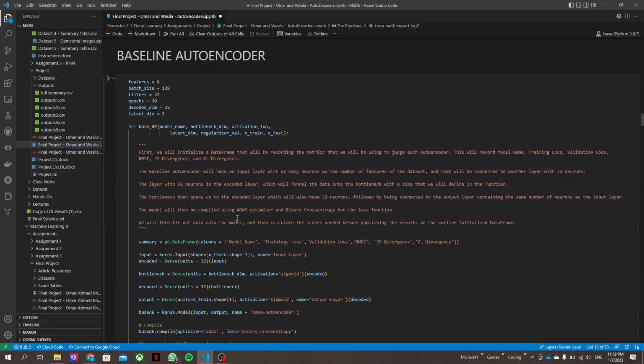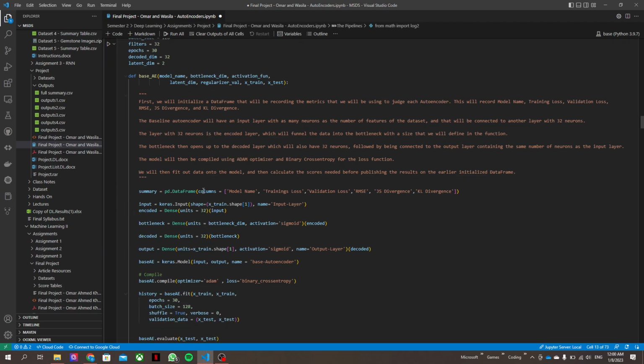Now moving on, basically we coded a lot of different sorts of autoencoders, the first one being the baseline autoencoder. This one we kept very simple. The input and the output are the same shape, so essentially the input and the output both have an equal number of neurons to the number of features in the dataset. For encoding the data, we only put in one layer called encoded with 32 neurons, which is taking in the input from the input layer.